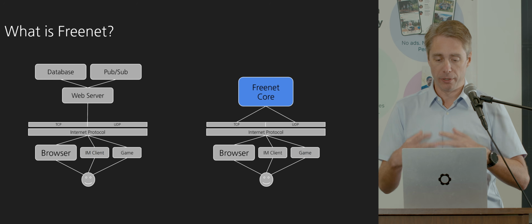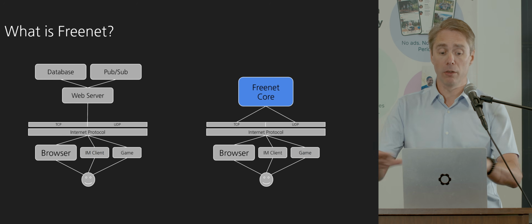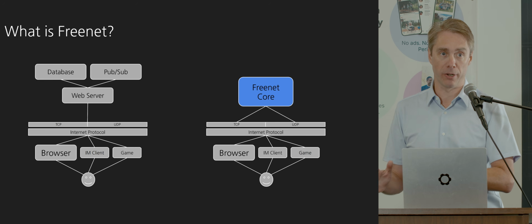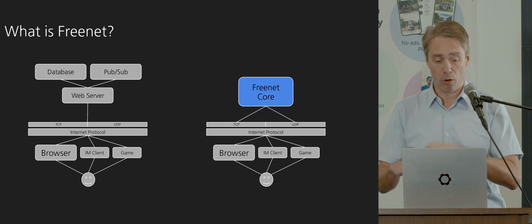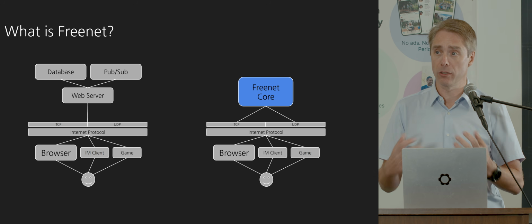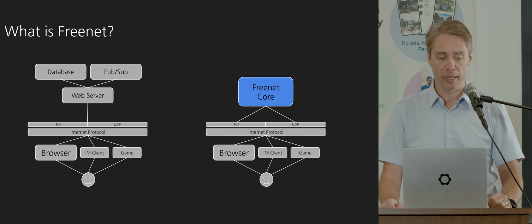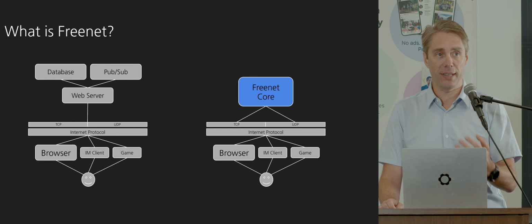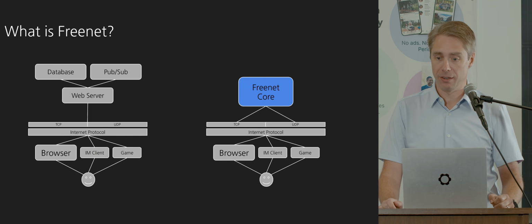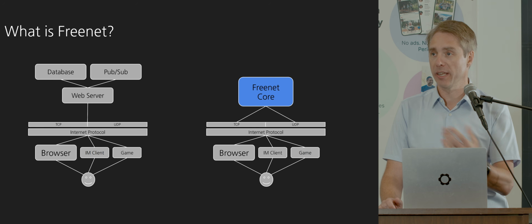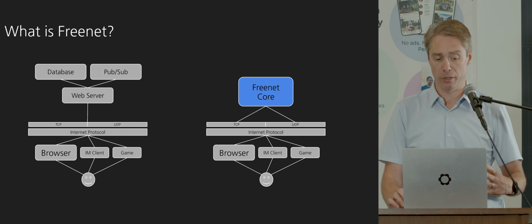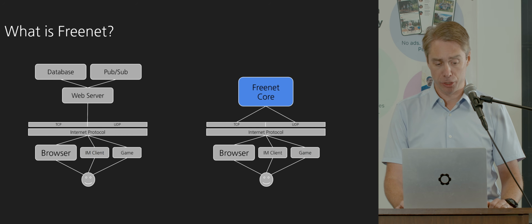And it's peer-to-peer software, so all of the other people using Freenet are running the same software, and collectively, all of these Freenet cores form this global decentralized network that's designed to replace the centralized technologies that we currently use, whether it's search engines or instant messaging systems or any of these other technologies.